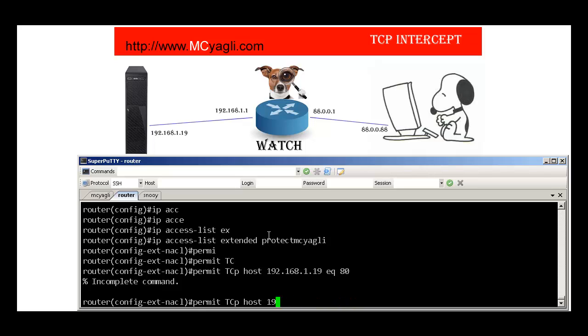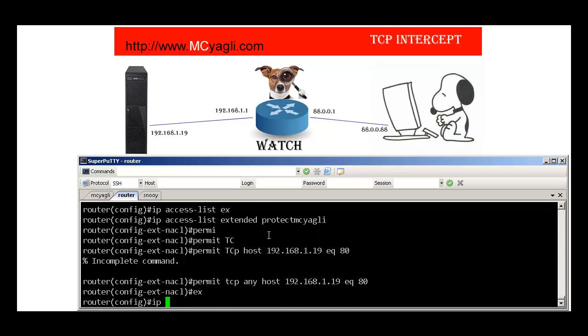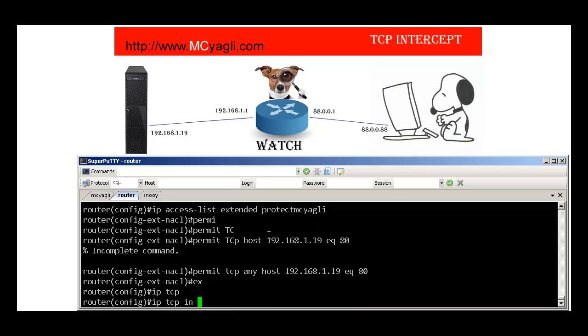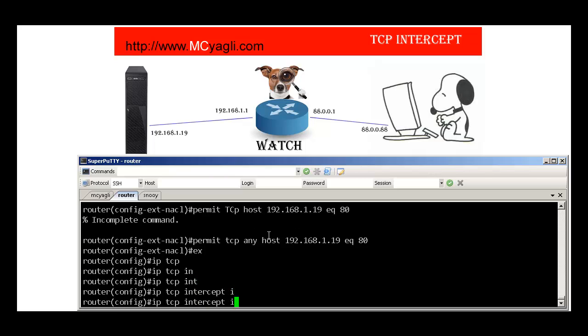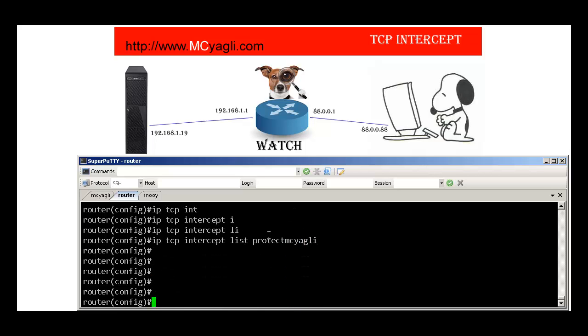I permit TCP from anyone, going to this host 192.168.1.19 on port 80, and that's it. Then ip tcp intercept-list protect-mc-yagli. That's it. Okay, this is step 2.